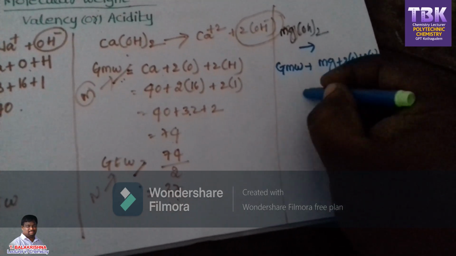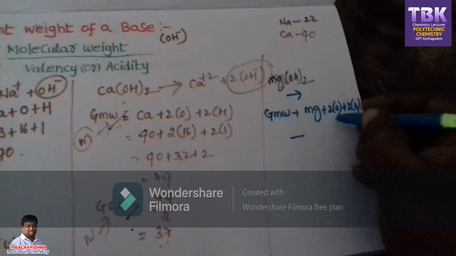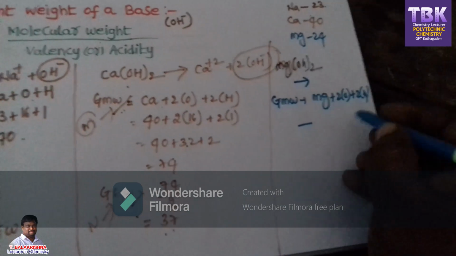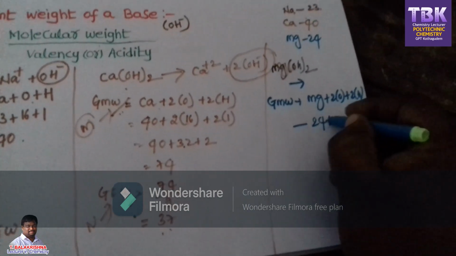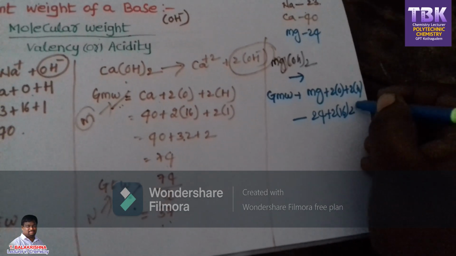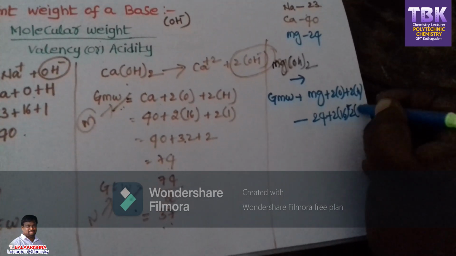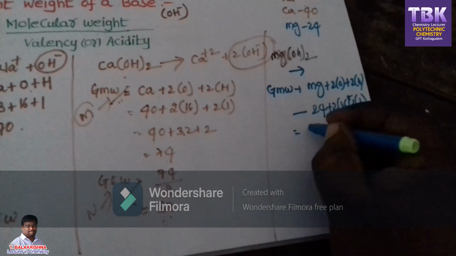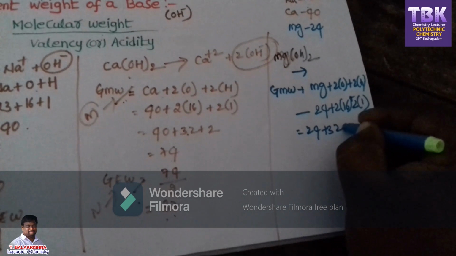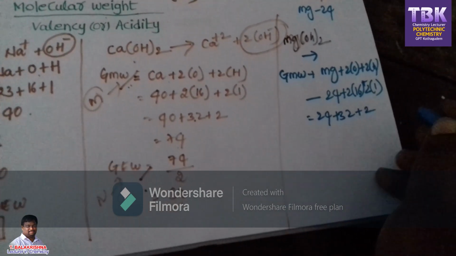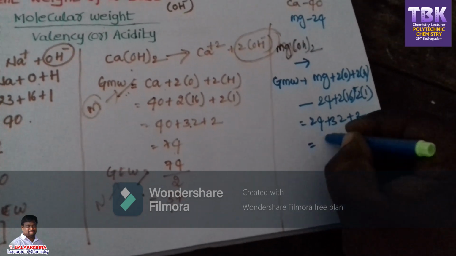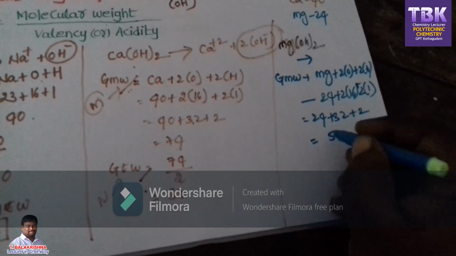Magnesium atomic number is 12, weight is 24. So 24 plus 2 into oxygen weight 16, plus 2 into hydrogen weight 1. So 24 plus 32 plus 2 is 58. 58 is the gram molecular weight.